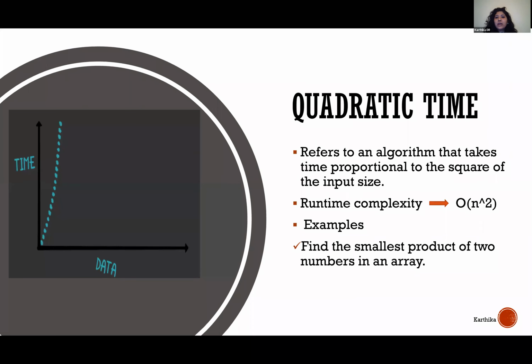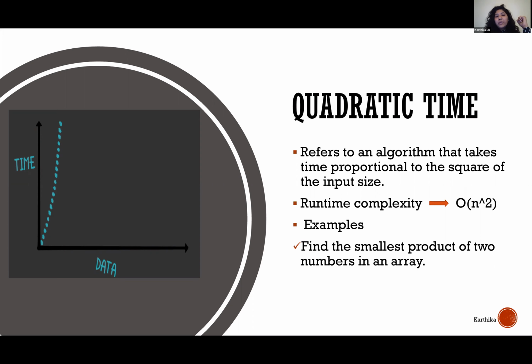This refers to an algorithm that takes time that is proportional to the square of the input size. Suppose there are 5 elements and the runtime is going to be 25, then it is going to be n squared. I will try to explain in terms of simple examples only, since this is a very big topic, and we'll try to understand how it is represented.